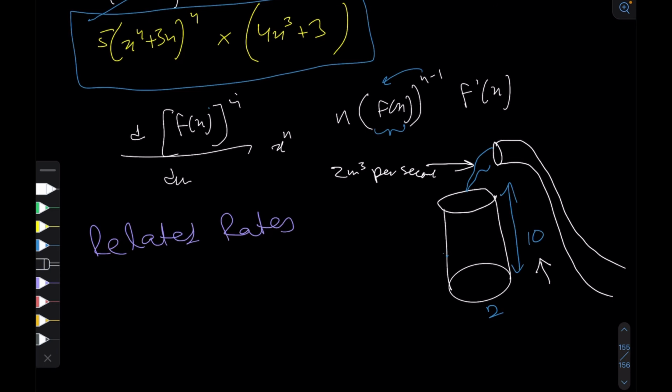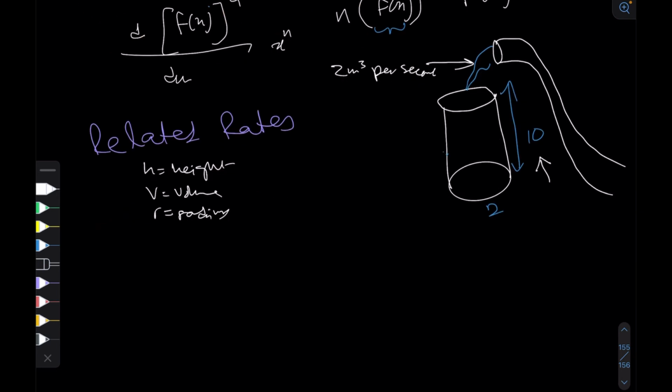So our question is, what is the rate at which height is changing? So if I call my h height, my v volume, and r is of course the radius, the question that we are asking is, what is dh/dt? What is the change in height over change in time, right?